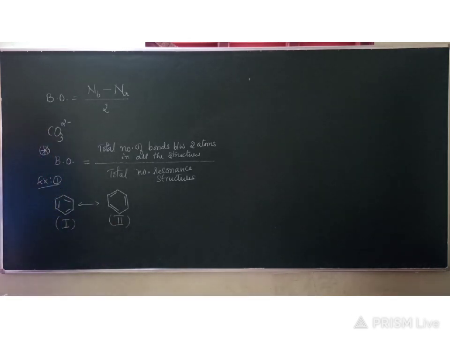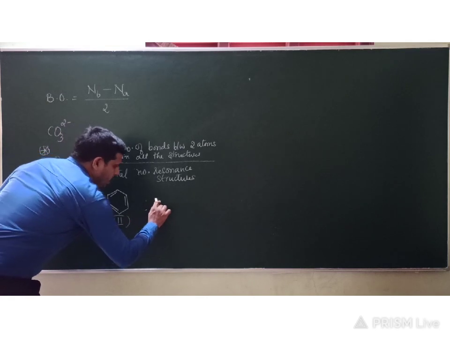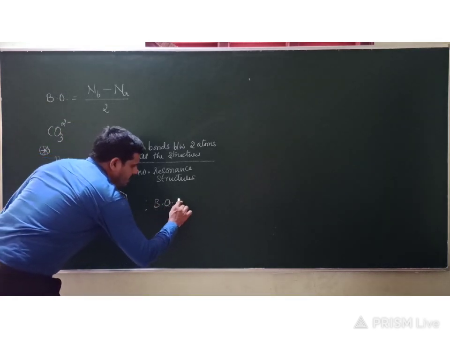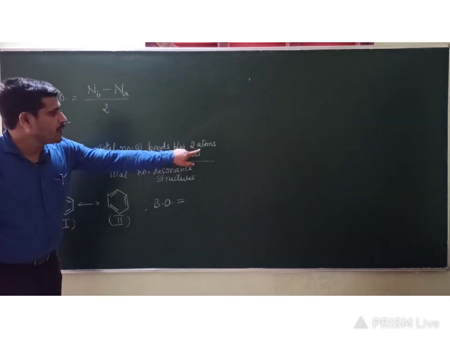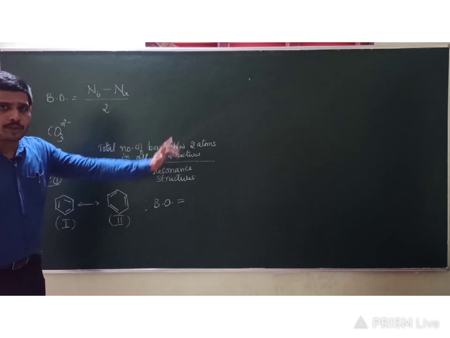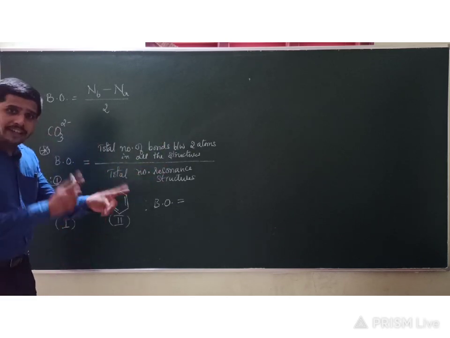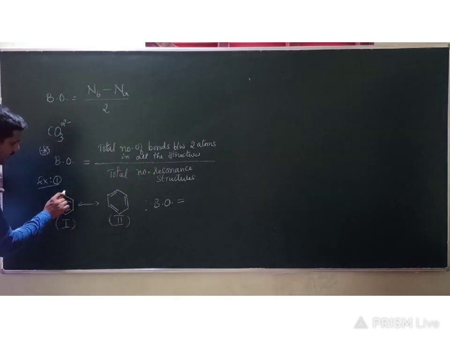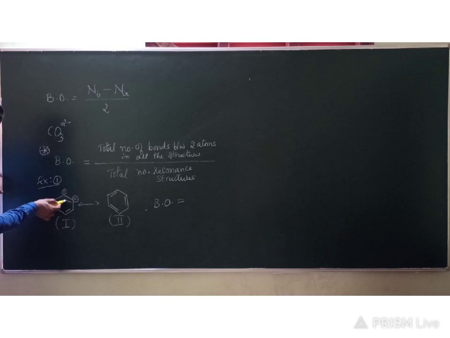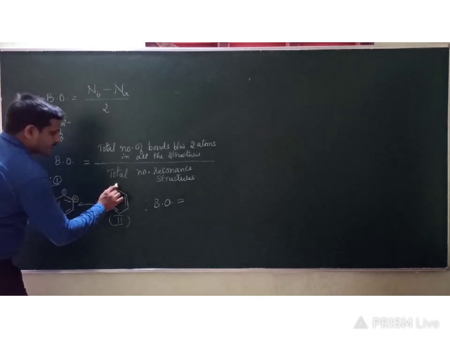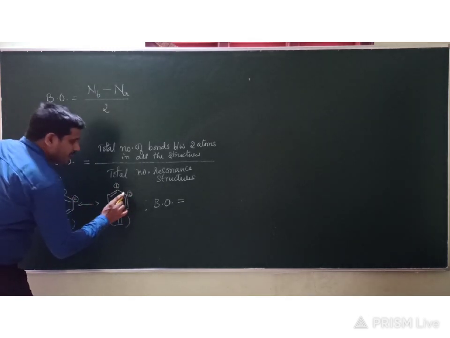Now the bond order calculation during this resonance goes like this. Bond order is equal to the total number of bonds between two atoms in all the structures. So at the beginning you need to fix two atoms. Let me take these atoms 1 and 2, let me number them. How many bonds are present between these two atoms, dear students? 2. The same two atoms are to be considered in the other structure.